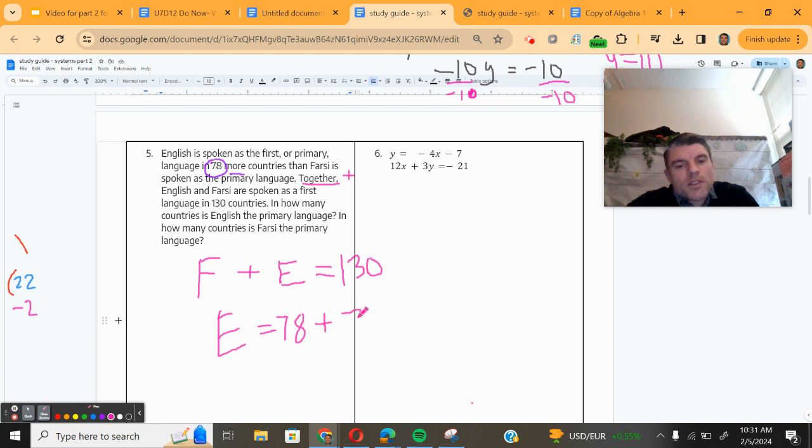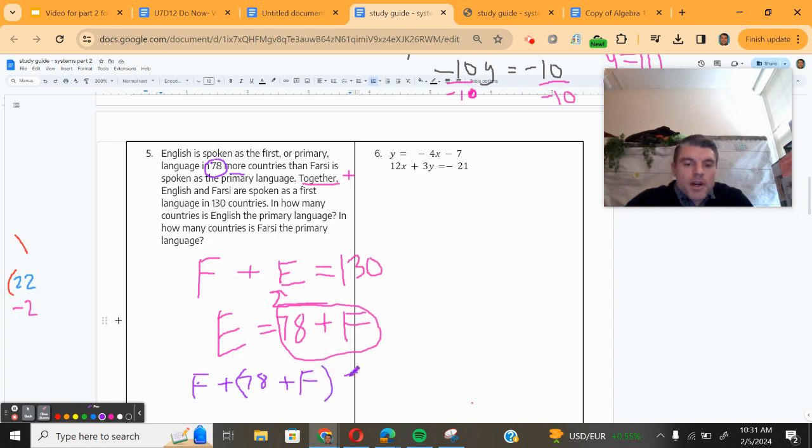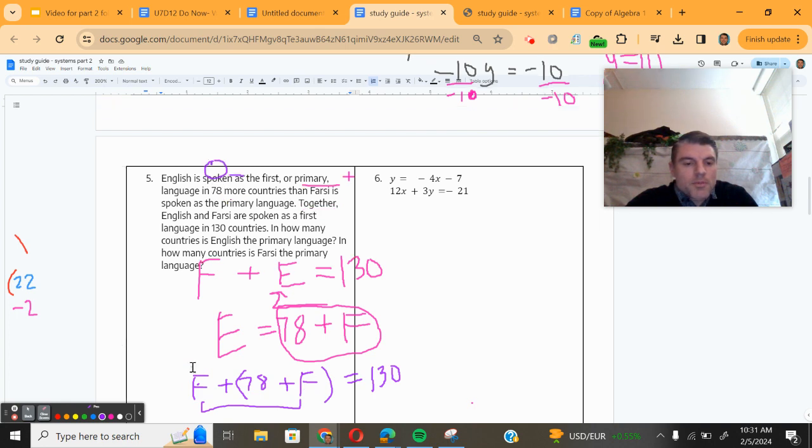And this one's already set up for substitution. So I'm going to plug this in for the other equation's E, and then we're just going to solve for F. So I can see here there's nothing to distribute, but we do have to combine the variables that are like terms.